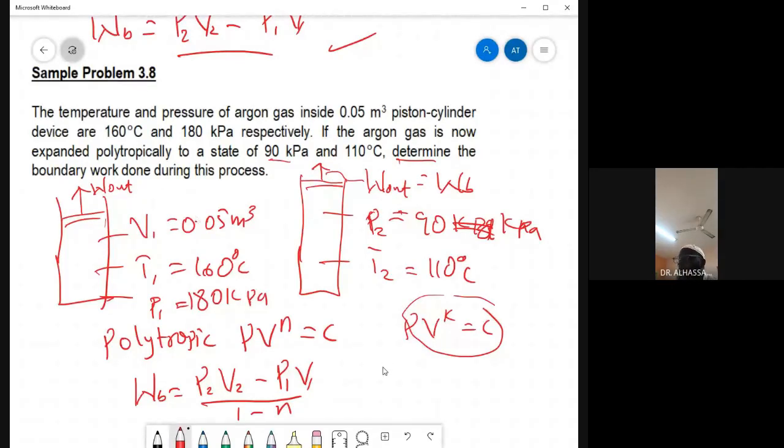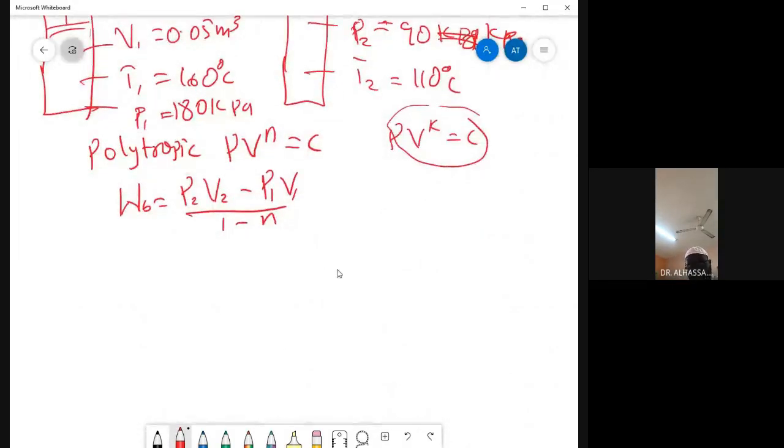So now, let's see if we know the value for P1, T2, T1, V1, P2, then we can determine the boundary work. Okay? But be careful over here. V2 is not known. So we need to determine V2. How do we determine V2?